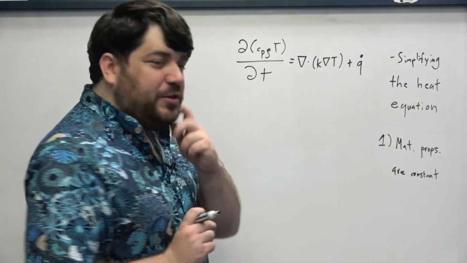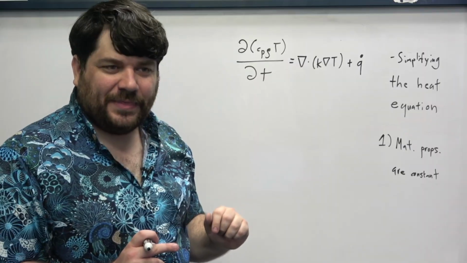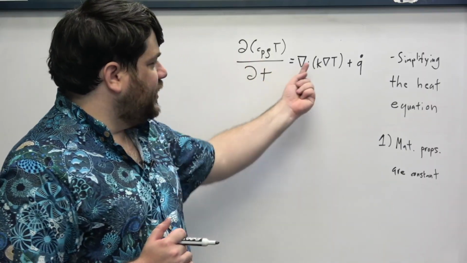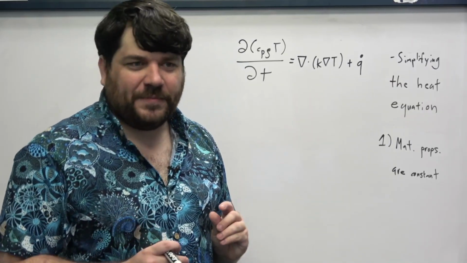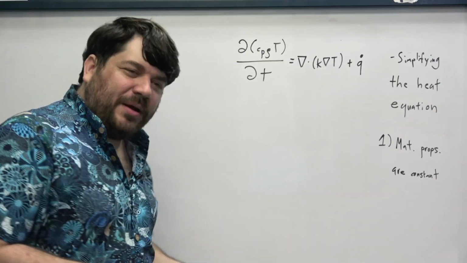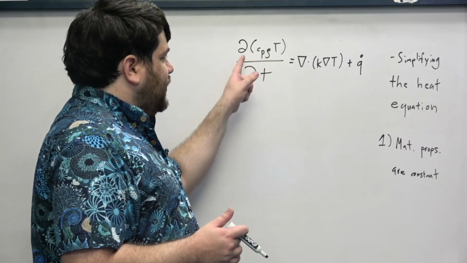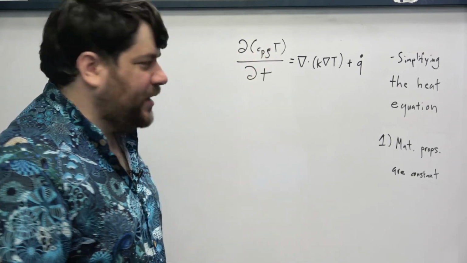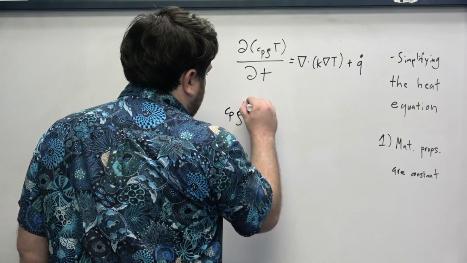And if we do that, then these material properties, Cp, rho, and K, can be extracted out from the derivatives in which they're encased right now. So what does that look like? For this one, it's relatively simple, right? If you use the chain rule and you notice that the rate of change of the material properties with respect to time is 0, then what you wind up getting is just this.